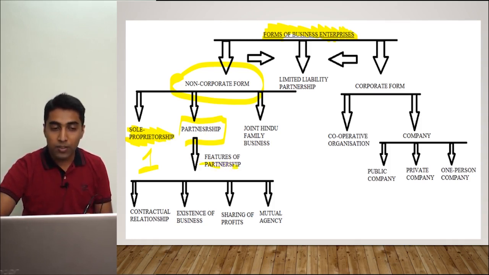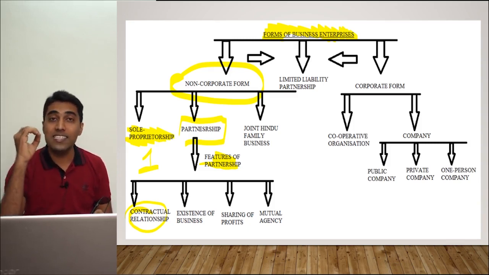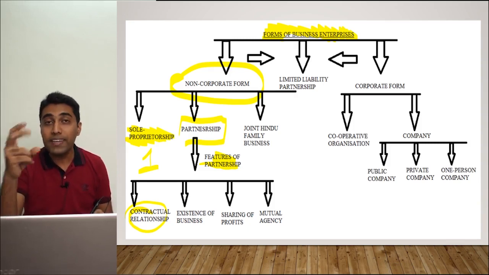So what are the features of a partnership? The first point is contractual relationship. If you say the Indian Contract Act, it says what is a contract? A contract is basically an agreement which is enforceable by law. So when do we have an agreement? When there is consensus ad idem, that is, meeting of two minds.